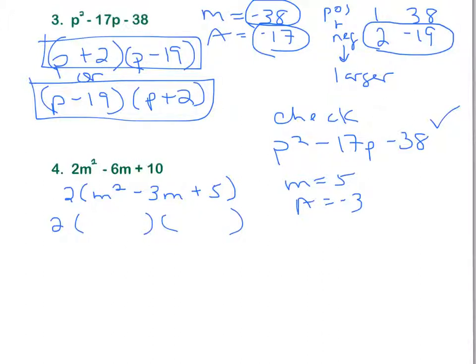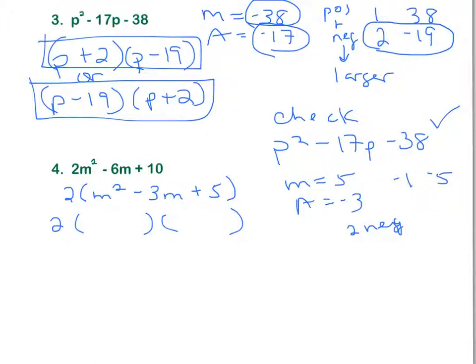So it multiplies to give me a 5 and adds to give me negative 3. Okay? So I'm looking at my factors of 5. I have 1 and 5, and that's it. And I also know that I'm going to have 2 positives or 2 negatives. In this case, I'm going to need 2 negatives to make sure that they add to give me negative 3. However, if both of these were negative, they don't add to give me negative 3.